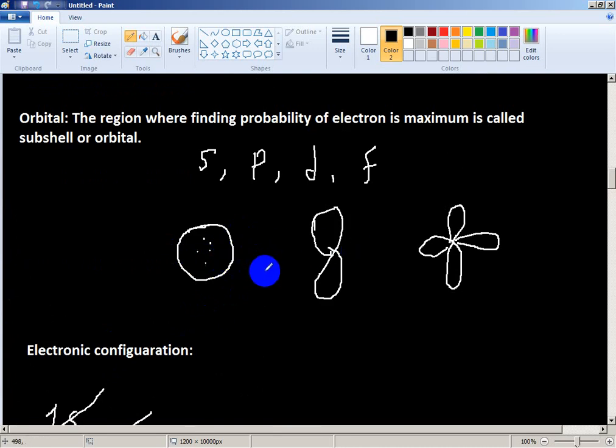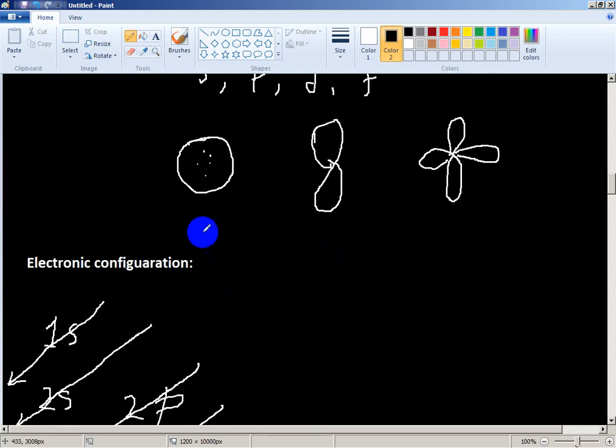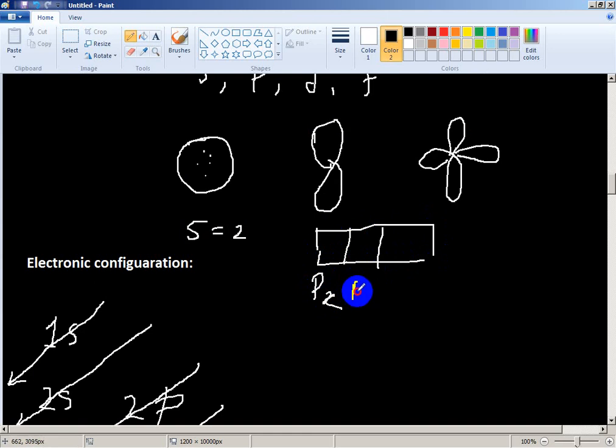Each orbital contains how many electrons? An s orbital can occupy 2 electrons. In the p orbital there are 3 sub-orbitals: px, py, pz. Each can occupy 2 electrons.